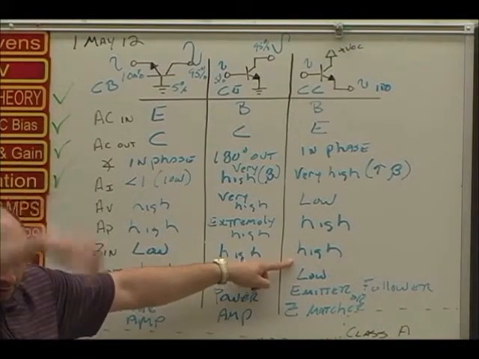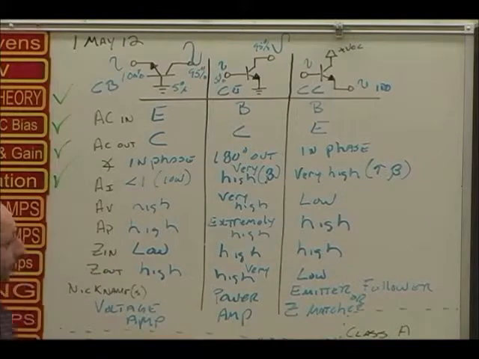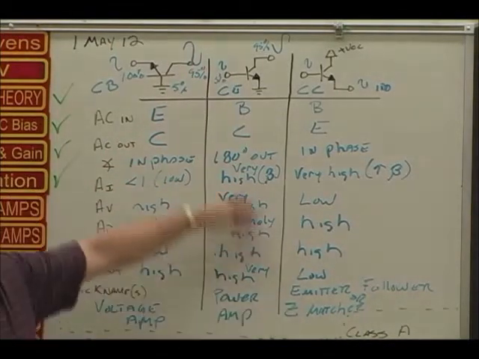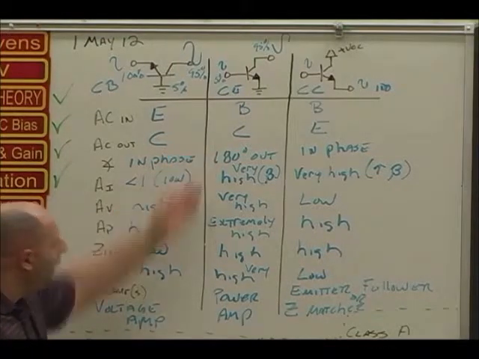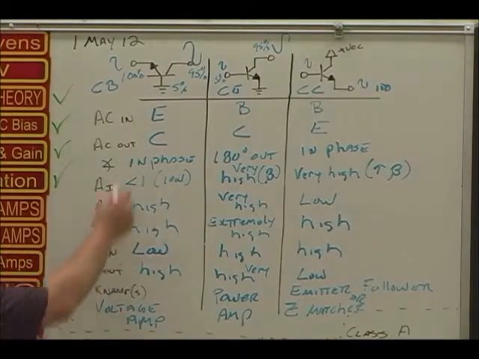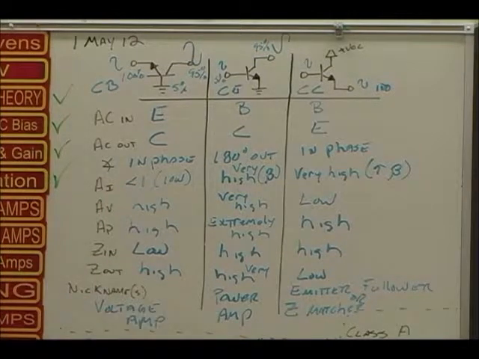Guess what? High! These things make sense? Yes, sir. And if we know that everything in the common emitter is high, 180 degrees, high. Bam! If we know the common emitter, we know the common collector.